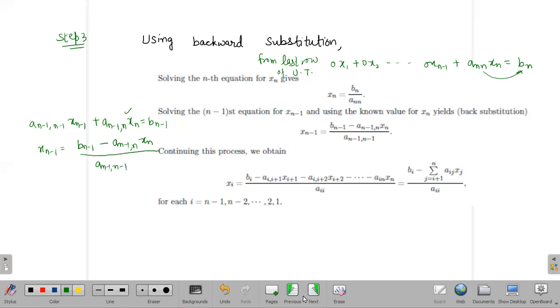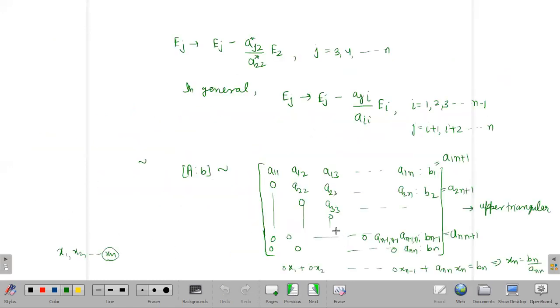So if I want to write x(n-2), suppose I write the last third row. It will be a(n-2,n-2), a(n-2,n-1), a(n-2,n), and b(n-2).